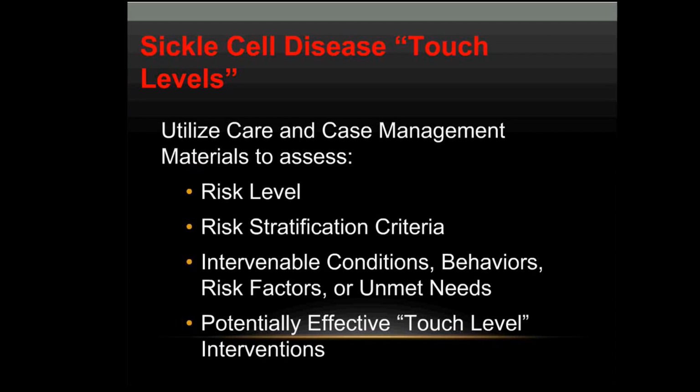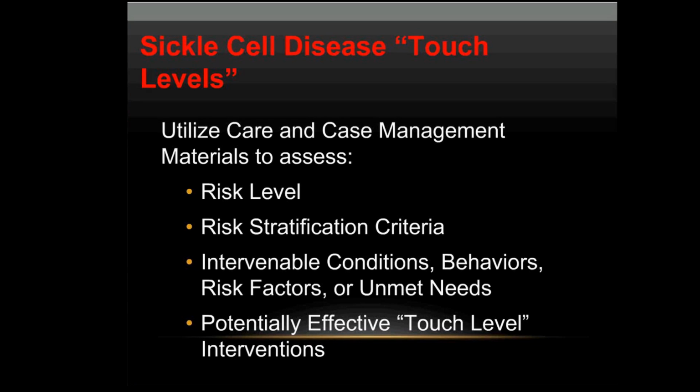Now, some of the sickle cell touch levels, these are levels where we're trying to make sure when we're managing a patient with sickle cell disease and we're trying to provide a medical home, you want to make sure that you're looking at the risk level with that given patient. So some patients start having a really rocky road from the very beginning.